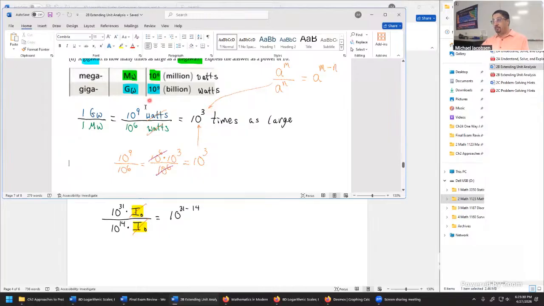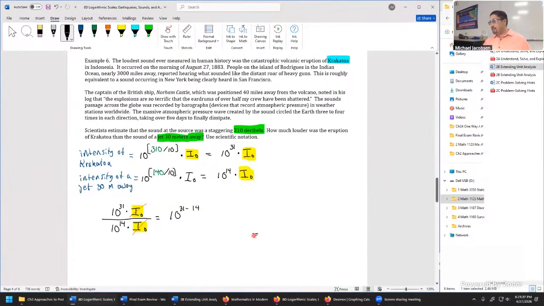So that's why this is 10 to the power 3, 9 minus 6. I guess down below is just a comment to say you could also do it that way if you prefer. So 31 minus 14 would give us 10 to the power of 17 altogether. And that's our work. Our work is done at this stage.